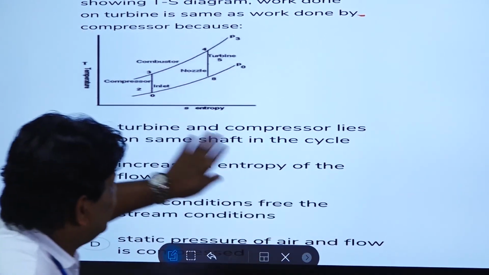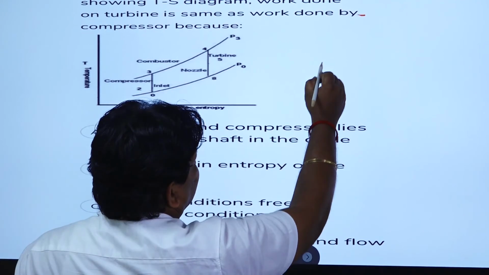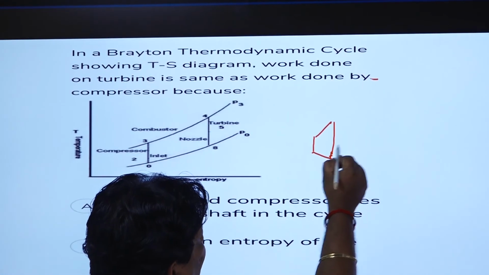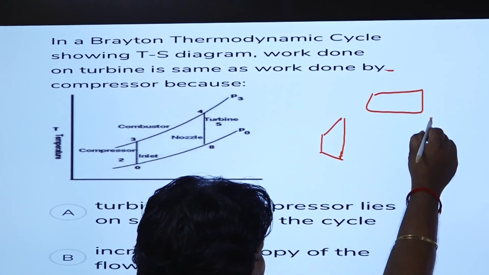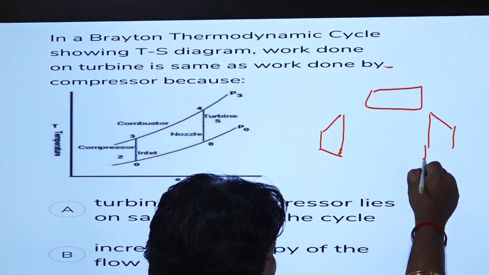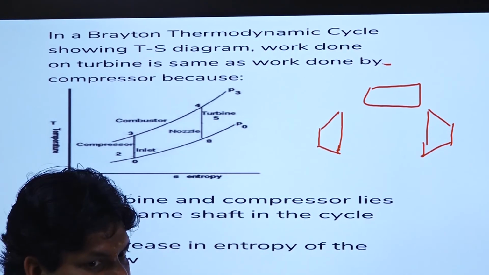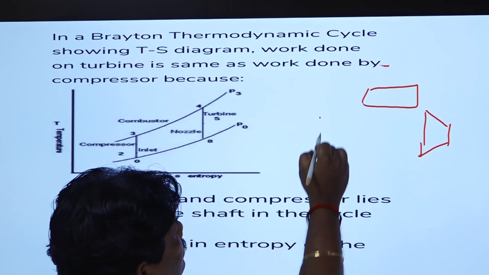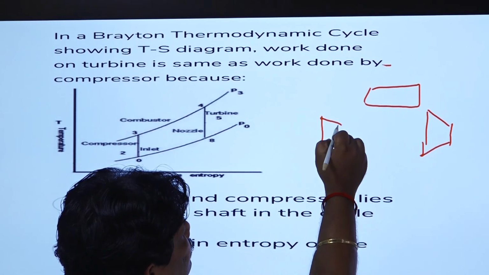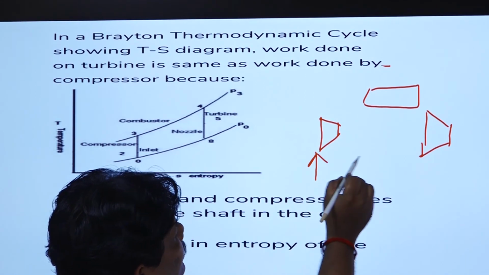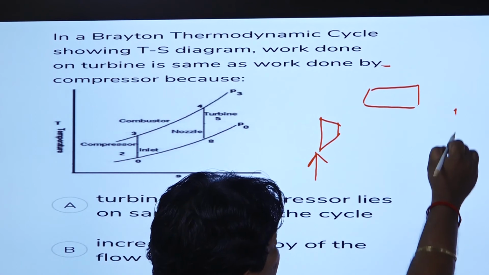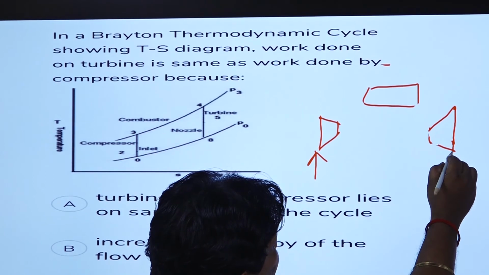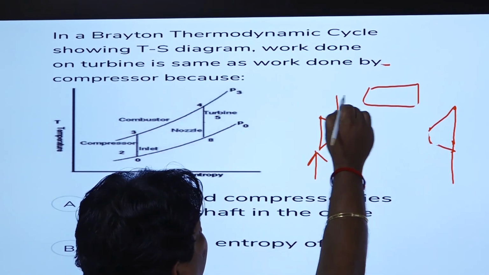So you can see here, the diagram will be like this, am I right? So it is a compressor, a combustion chamber and a turbine, right or not? Okay, is this right? A compressor, turbine. So can you identify the difference?